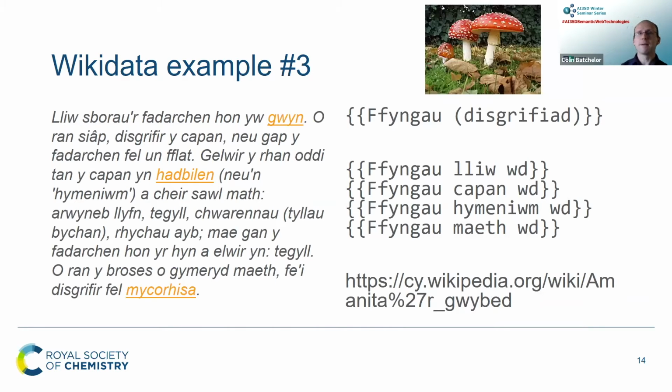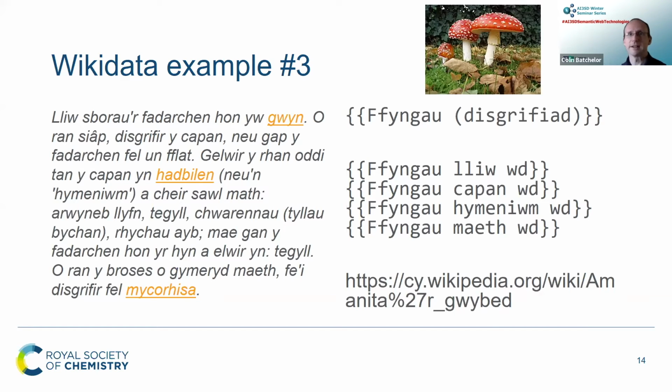A much more ambitious example is using Wikidata for natural language generation. This is a kind of reverse text mining, where the article about the fly agaric toadstool, the most iconic toadstool to my mind, has a paragraph that has been entirely generated from one template.